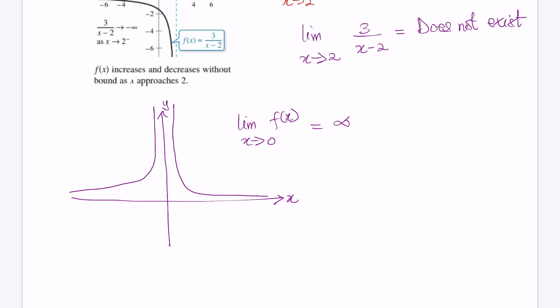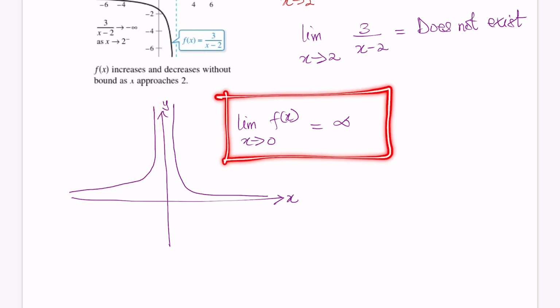It's positive infinity because both the left and the right-sided limits are approaching positive infinity. As we approach 0 from the right, it goes to positive infinity. And as we approach 0 from the left, it goes to positive infinity. Therefore, the answer to the limit is positive infinity.